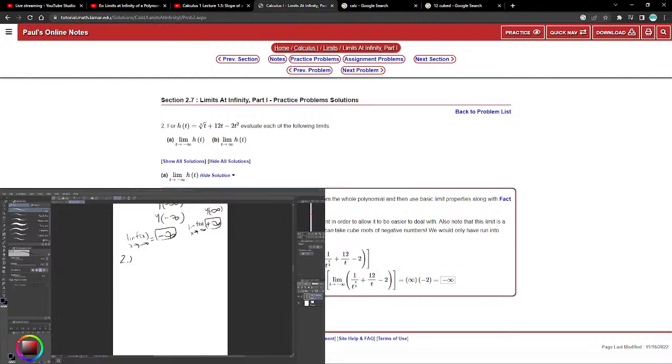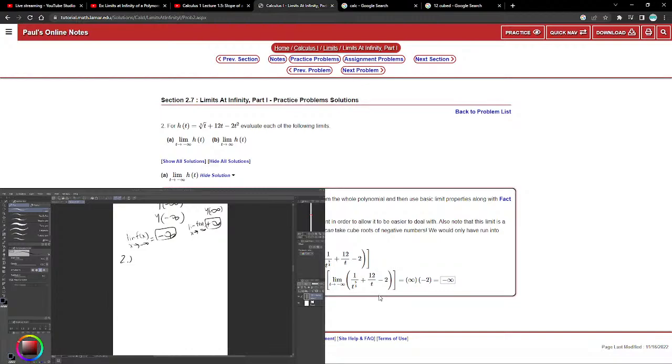I see it now. You just factor it out. Take the limit of t squared, where t squared is x as t approaches negative infinity. That would be positive infinity. For the ones on the right, t is in the denominator, so you plug in negative infinity, it's just going to go towards 0.